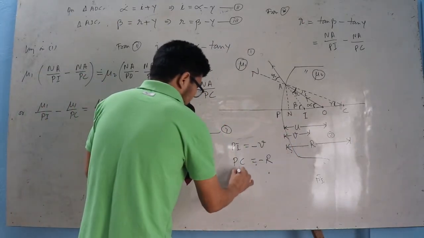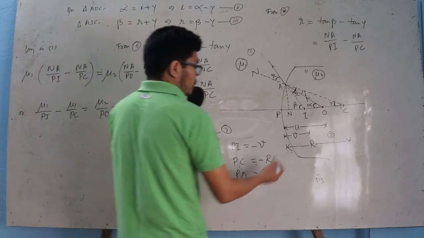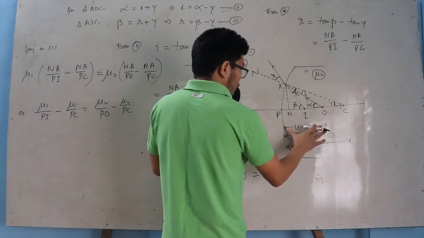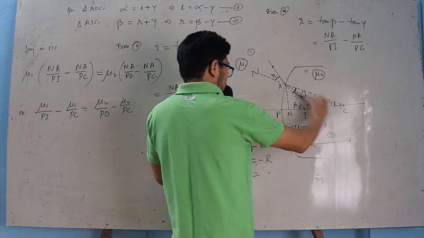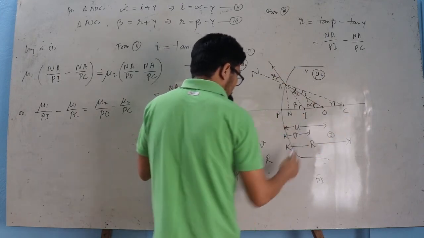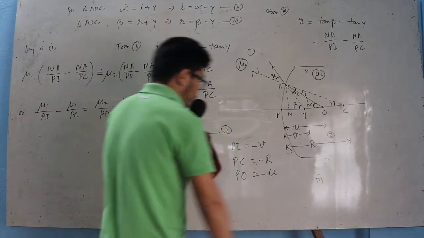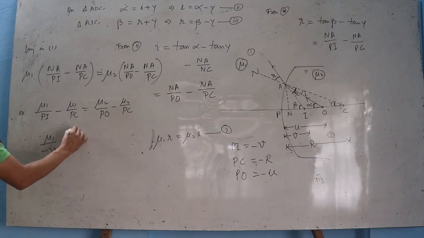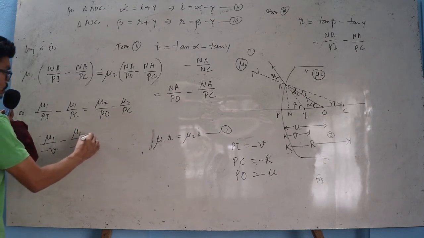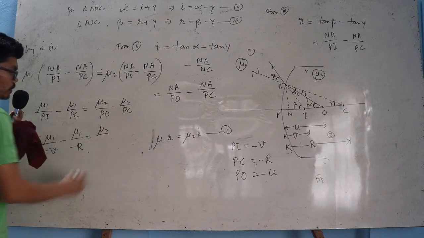And PO is equal to object distance. You are measuring in the direction of PO, which is against the incident ray. That is why PO will be also taken as negative here. So put all these values here. Therefore, mu1 by, in place of PI, I'm going to write minus V, minus mu1 by, in place of PC, I'm going to write minus R. This is equal to mu2 divided by PO.